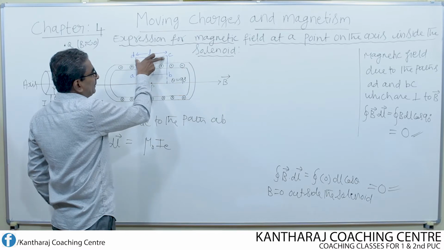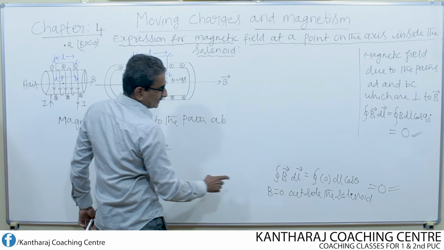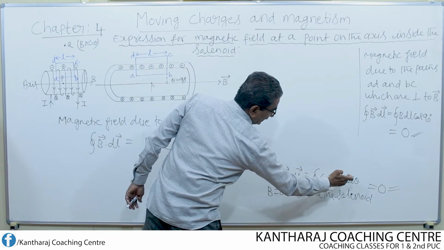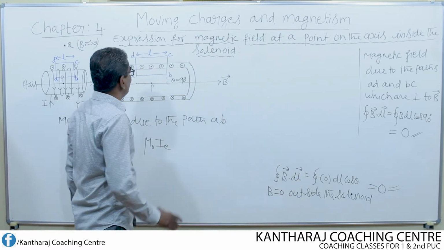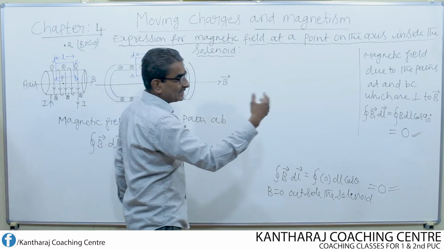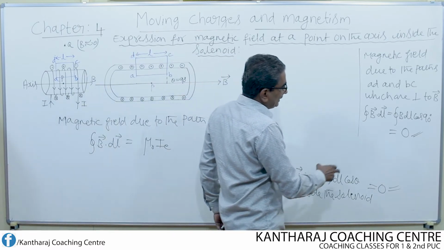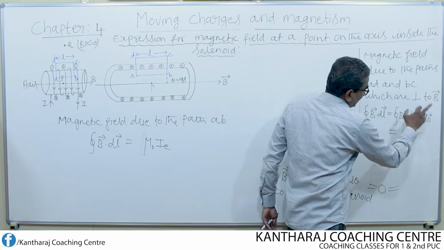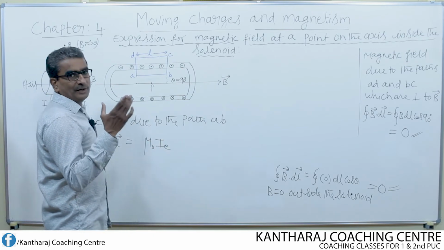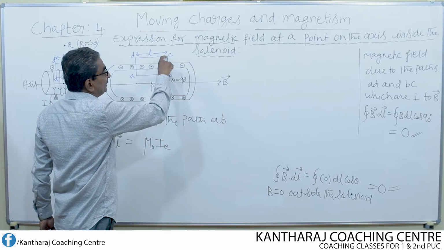Due to this path the field became 0 because B equals 0 outside the solenoid. That's why for B we substitute 0 here. So this can be written as B into dl into cos theta, with 0 in place of B. Whereas the field due to these two paths, which are perpendicular to the magnetic field, is once again 0, because in these two paths the angle theta becomes equal to 90 degrees. Cos 90 means 0. That means the field does not exist due to this path and also due to these two paths.